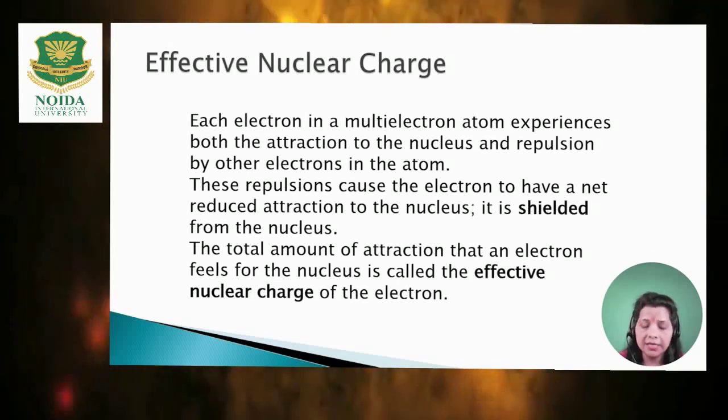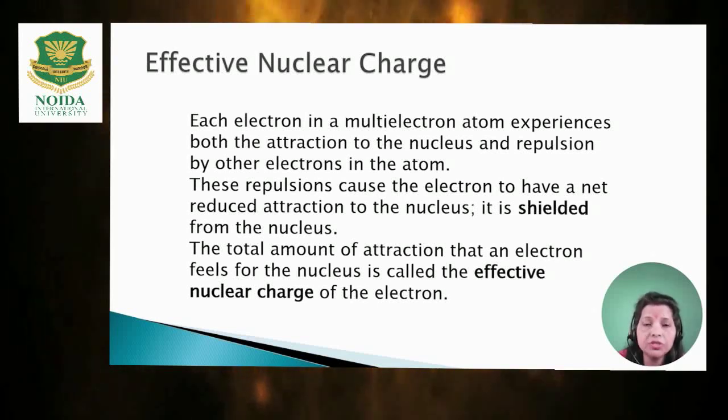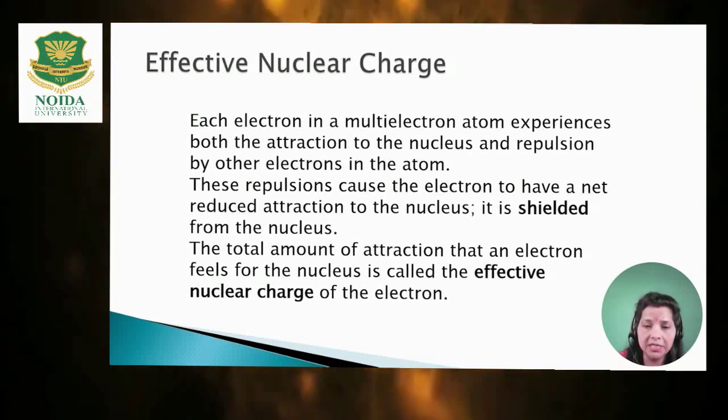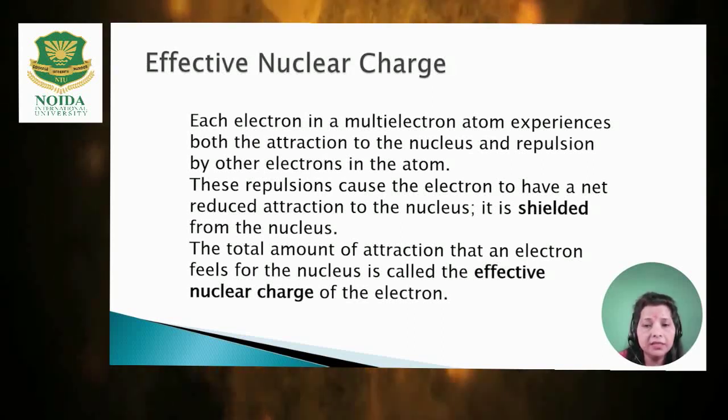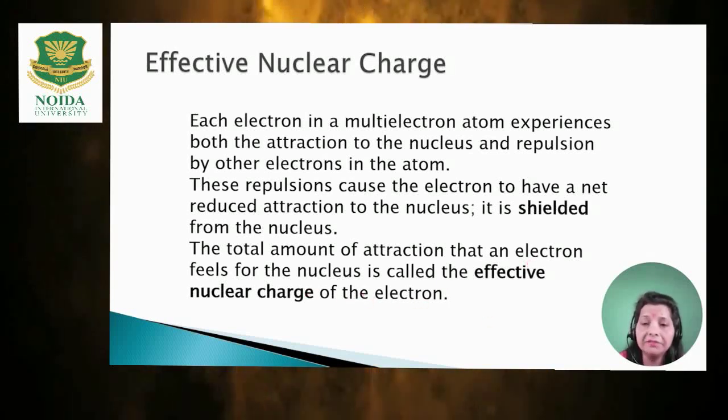This electron-to-electron repulsion causes the electron to have a net reduced attraction to the nucleus, which means the outer electron is shielded from the nucleus by the inner electrons. So the total amount of attraction that an electron feels for the nucleus is called the effective nuclear charge of the electron, right?